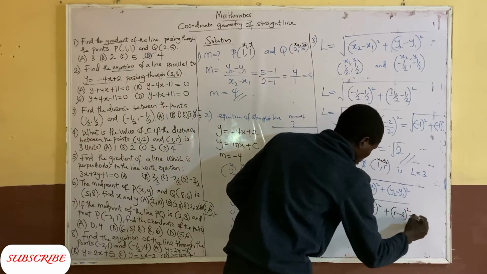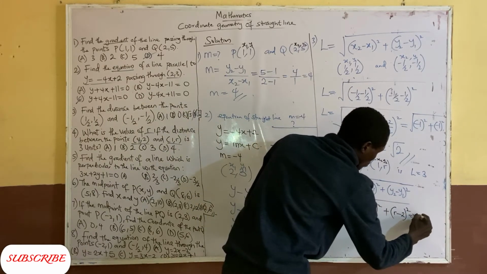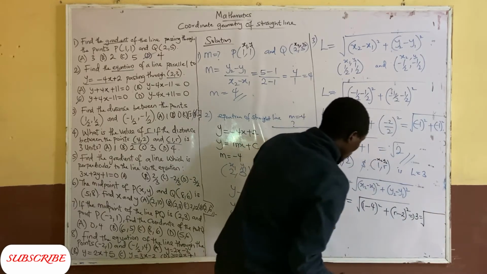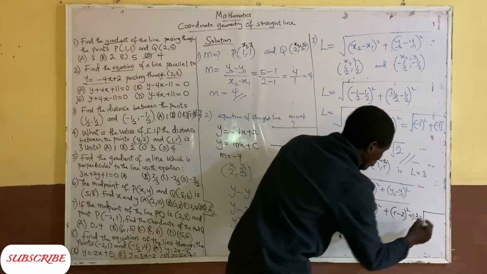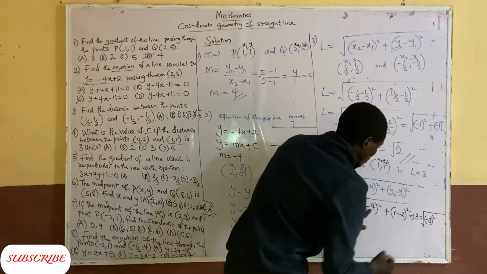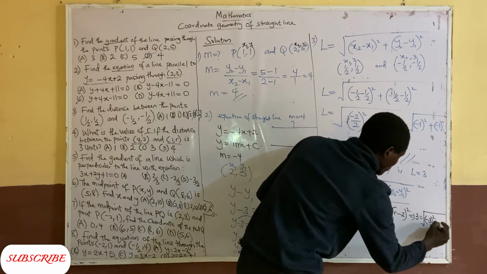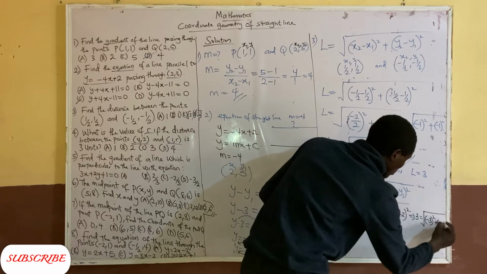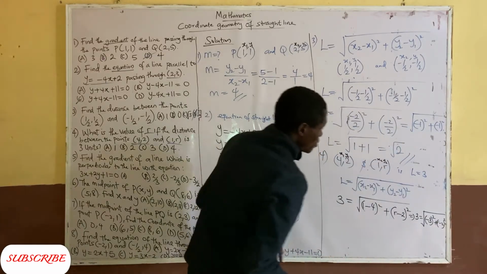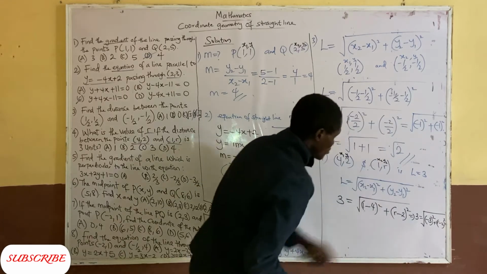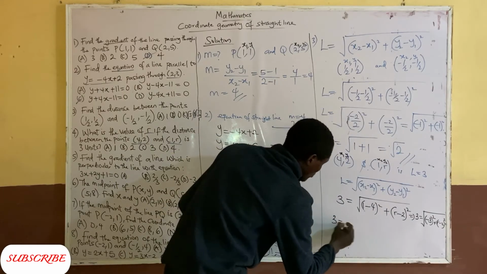So 3 will be equal to the square root of (1 minus 4) all squared, that is minus 3 all squared, plus (R minus 2) all squared. Please note that this is plus.